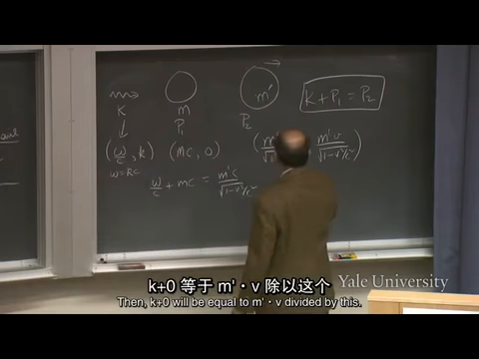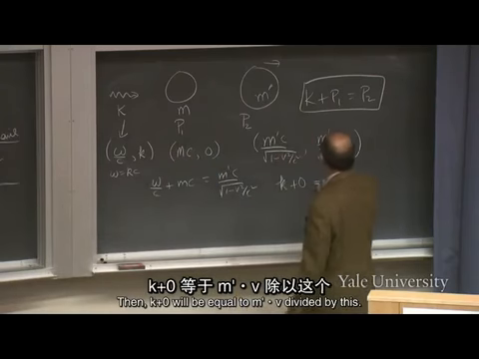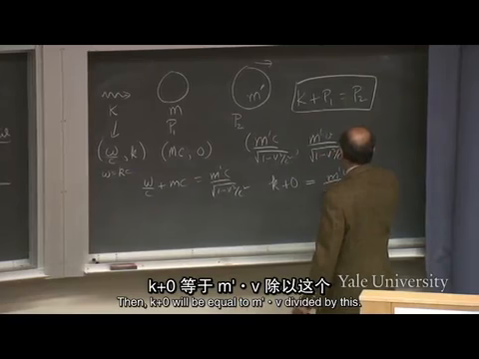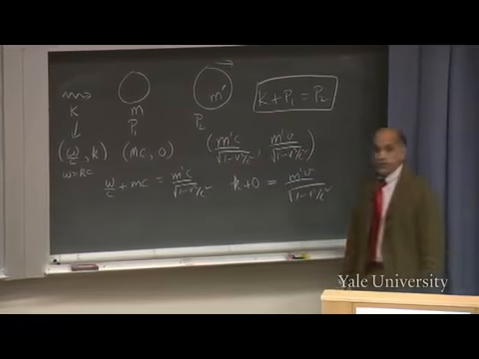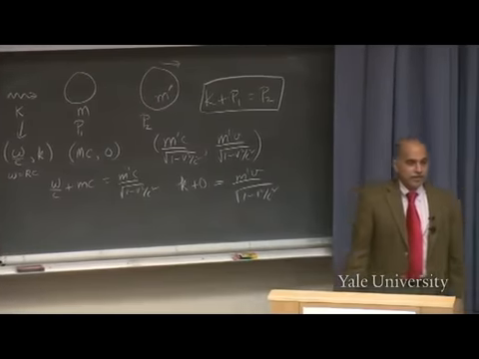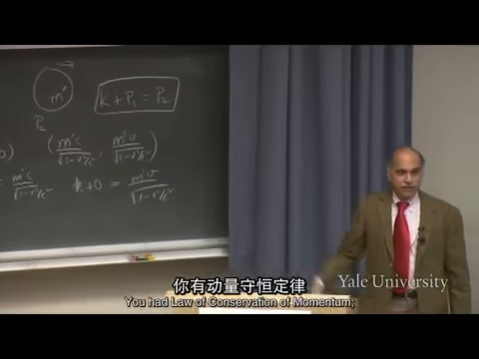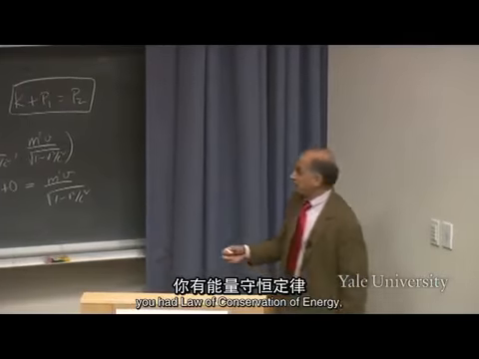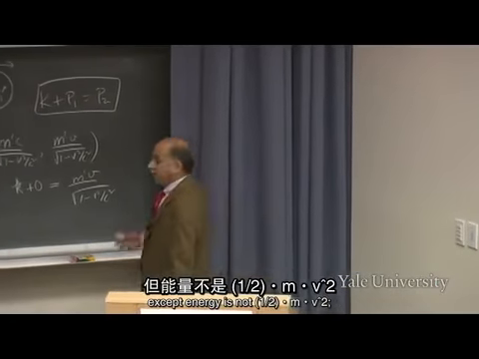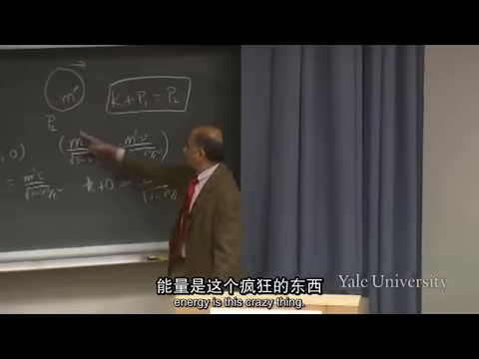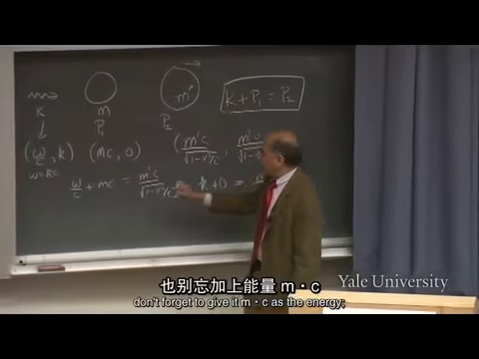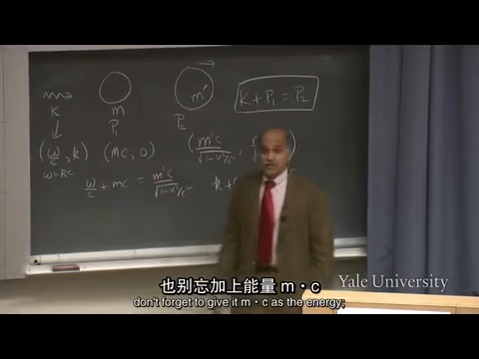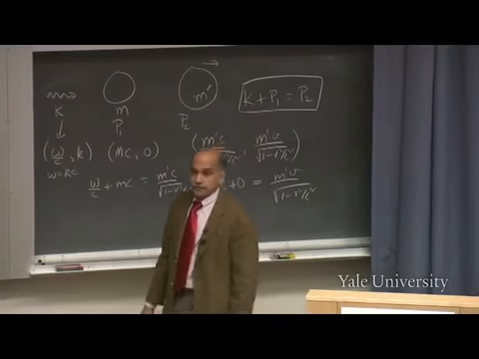Then k plus 0 will be equal to m prime v divided by this. This is not any different from the old days. You had the law of conservation of momentum, you have the law of conservation of energy, except energy is not 1/2 mv squared. Energy is this crazy thing. Plus, even if a particle is not moving, don't forget to give it mc as the energy. That's the new part.